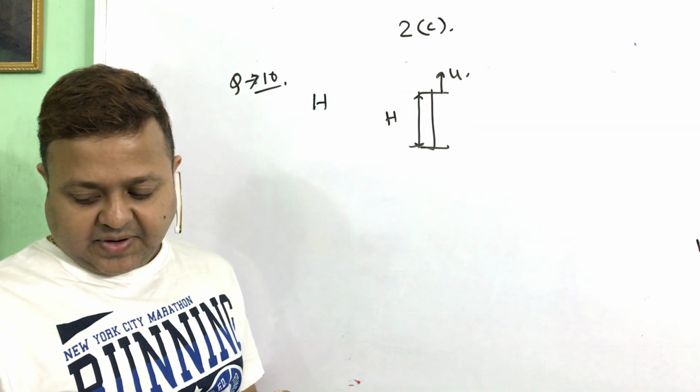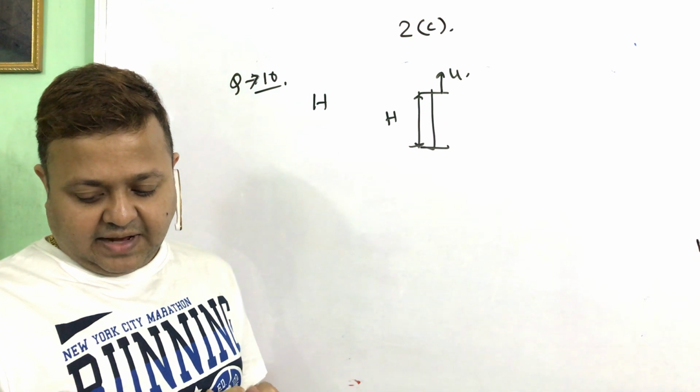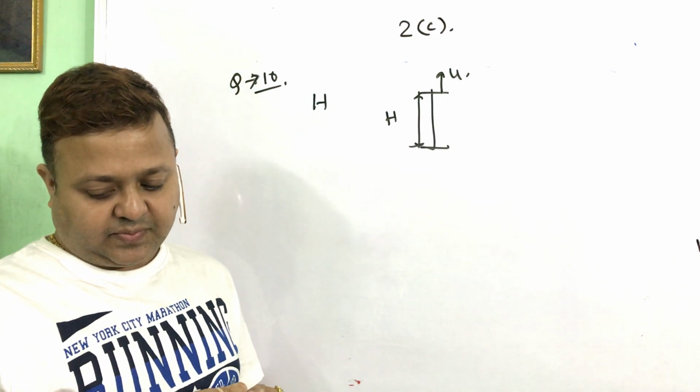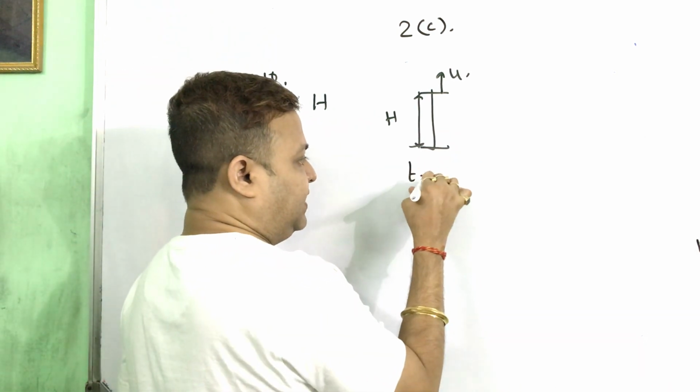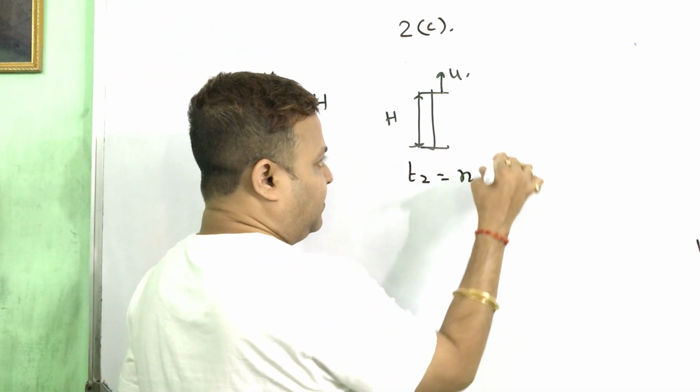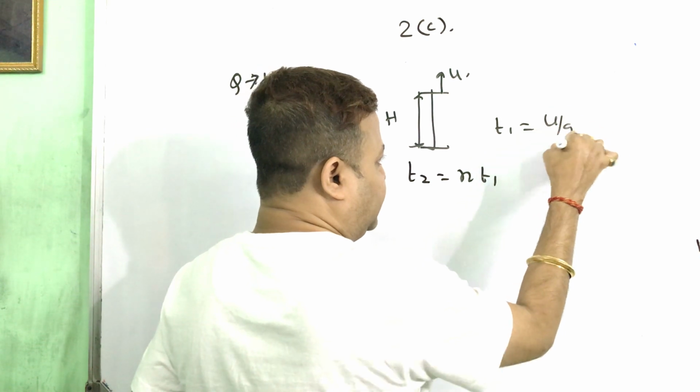The time taken by the particle to hit the ground is n times than the time taken to reach the highest point of its path. Time taken to hit the ground, say t2, is n times of t1, where t1 equal to u by g, না?